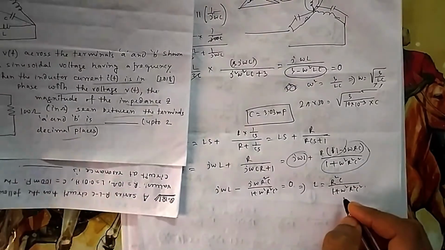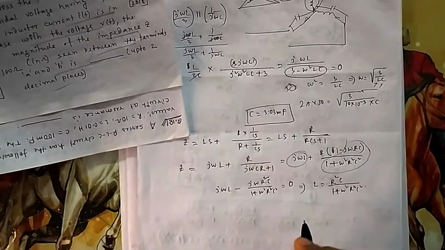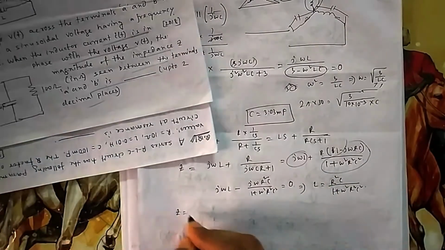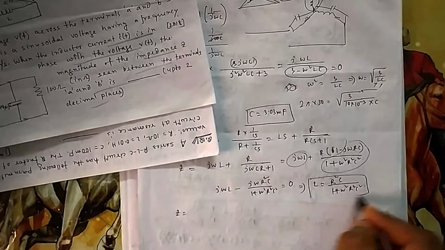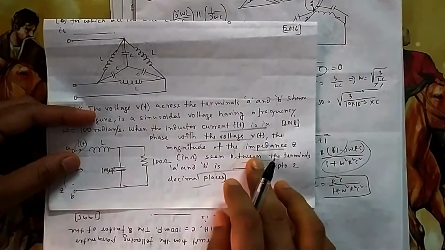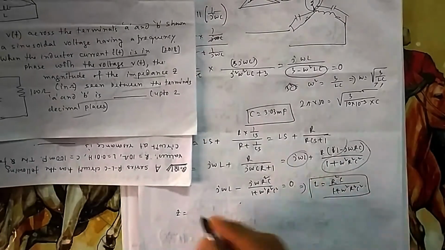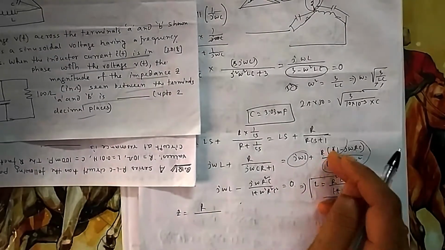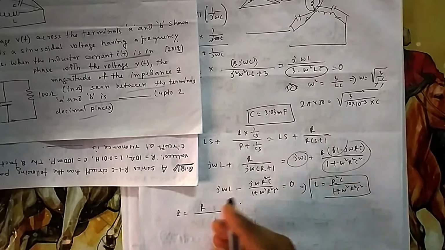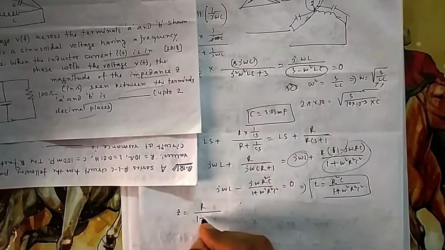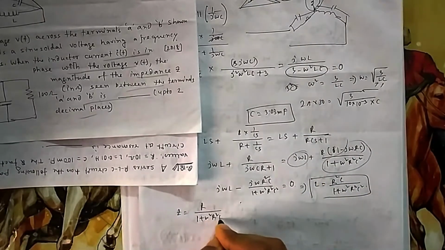But L is not required. What they are asking? They are asking the Z only. They are asking, find the impedance Z. So the imaginary part will be 0. So you are left with the real part. In the Z, the imaginary part will automatically be 0, and you are left with R divided by 1 plus omega square R square C square.